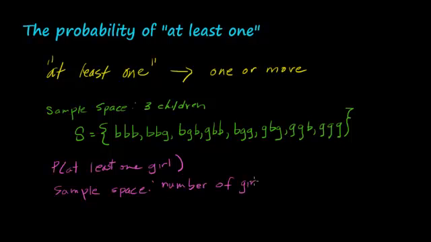What are our possibilities? Well, we could have no girls when we have 3 children, 1 girl, 2 girls, or 3 girls. And obviously that's the highest number we could reach because we only have 3 children. So there's our sample space. So the probability of at least 1 girl, well, that would be the probability of 1 or more, the probability of 1 or 2 or 3, right?